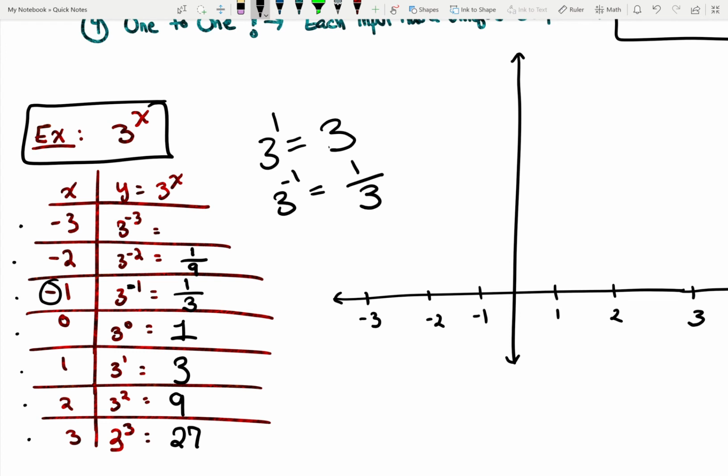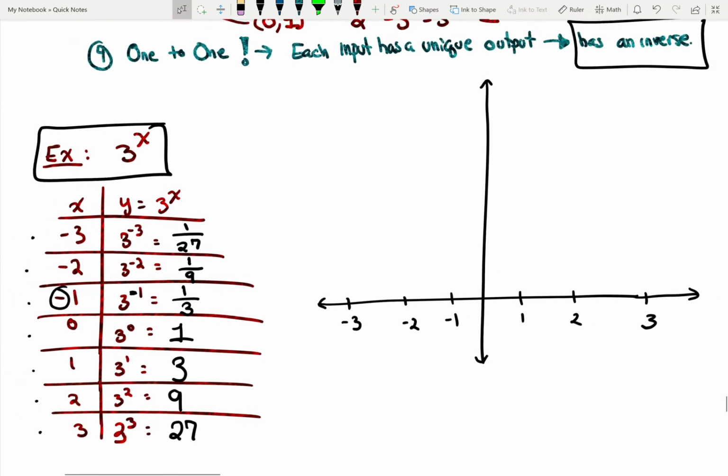So 3 to the 3rd is 27, but because it's -3, put it in the denominator. And it's not always in the denominator. It's just the other side of the fraction. Meaning, if I had 1 over, actually we'll talk about it in a second.